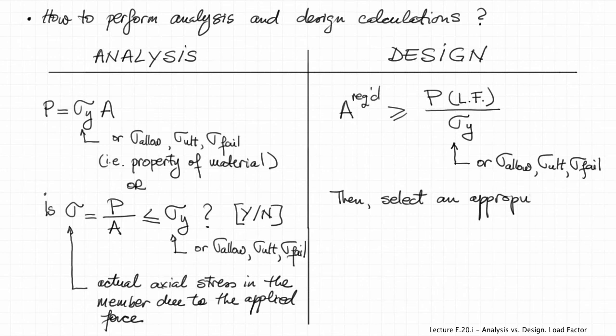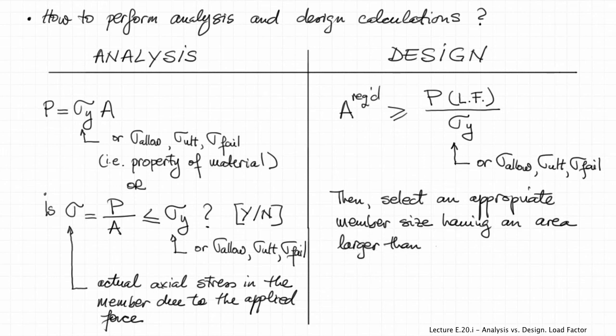Based on the cross-sectional area required, we can then select an appropriate member size, which has a cross-sectional area larger or equal to what is required. But this has to be only by a small amount. So we're not supposed to select huge members, because those members would be very heavy and very expensive.